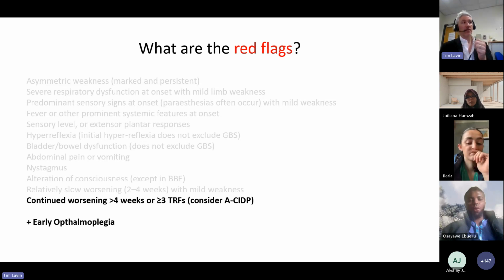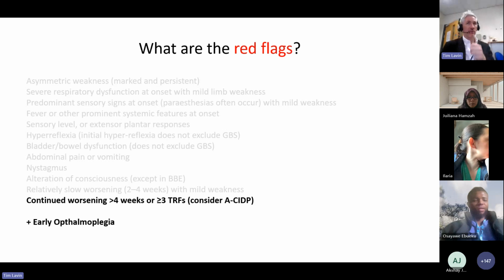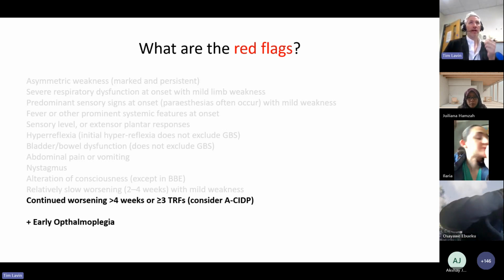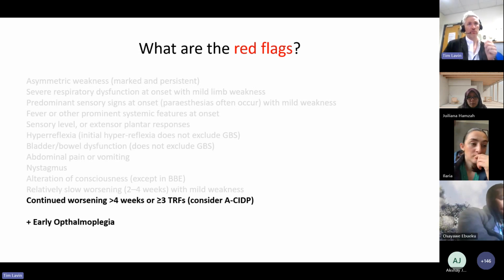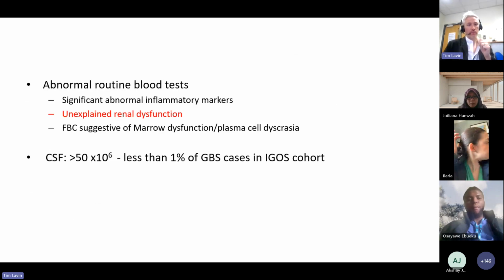And importantly, they're very difficult to interpret if they're done after you've given someone IVIG. So actually, for your stage of training, the awareness of checking an immunology sample or storing an immunology sample to make sure we've got enough to go back and test this if required in the future is hugely important. Okay.